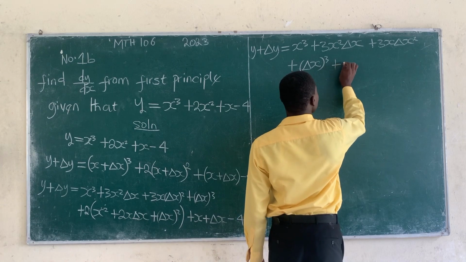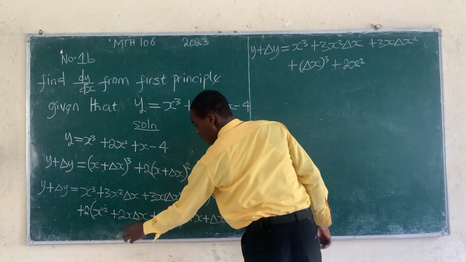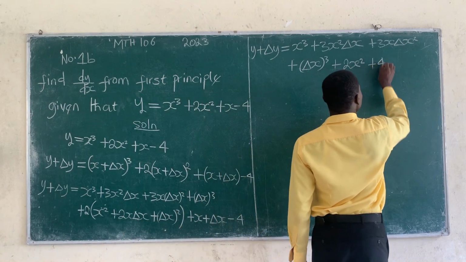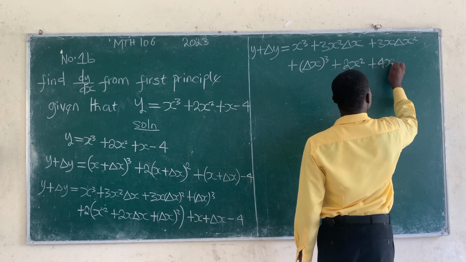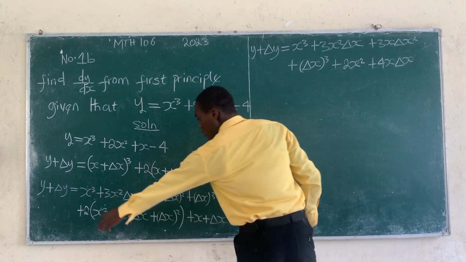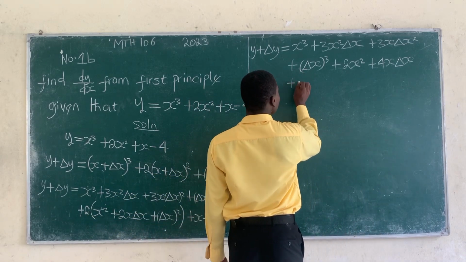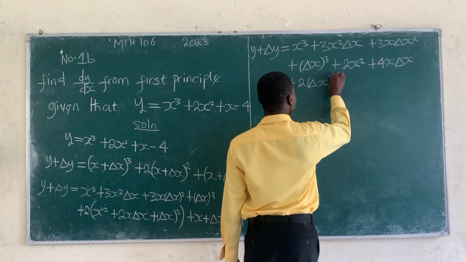The next term there is 2 times x square. This will give us plus 2x square. The next one is 2 times 2x increase in x. This will give us plus 4x increase in x. The next one is 2 times increase in x square will give us plus 2 increase in x square.